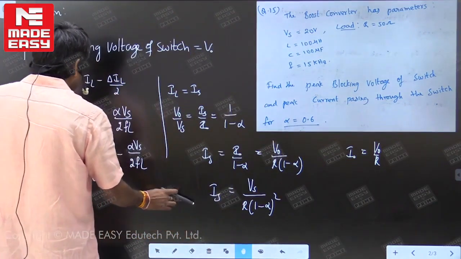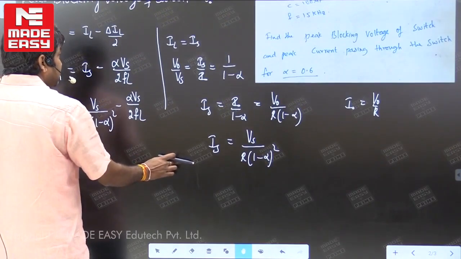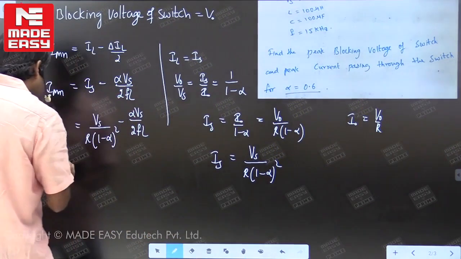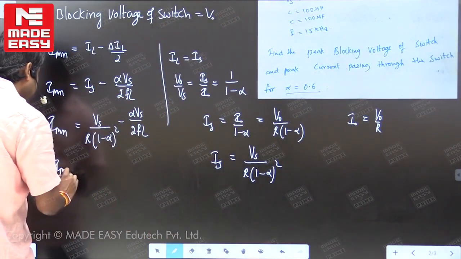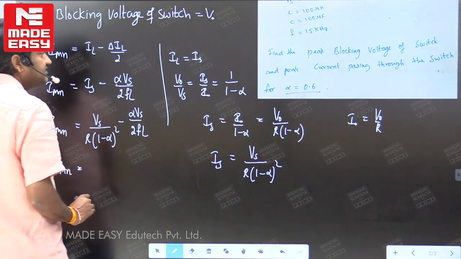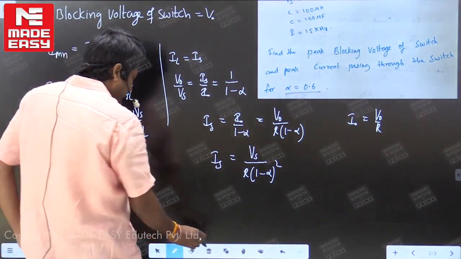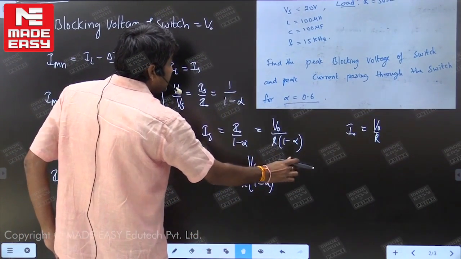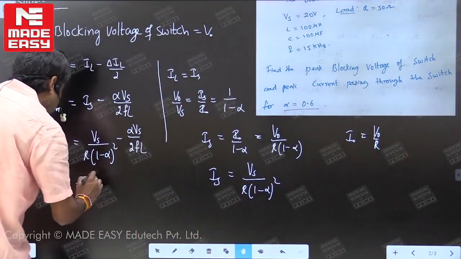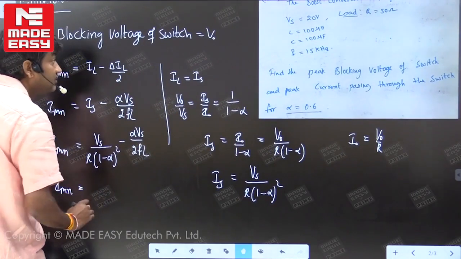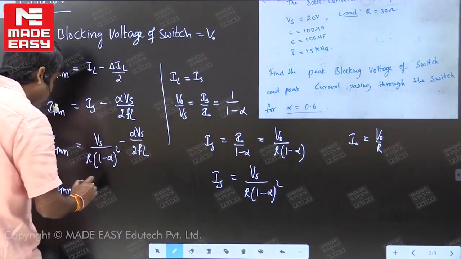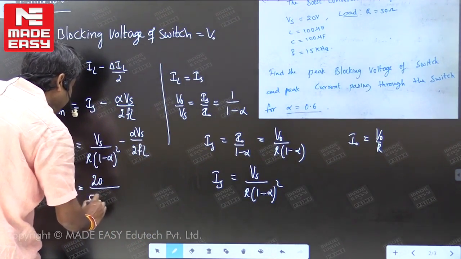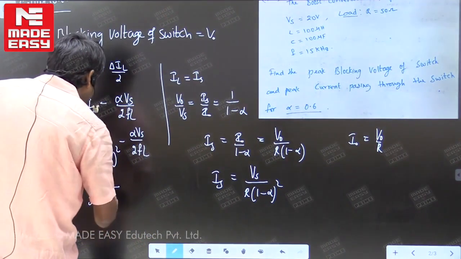Substitute those values and calculate the value of I minima here. DC supply voltage is 20 volts, load resistance is 50 ohms, and alpha is 0.6.